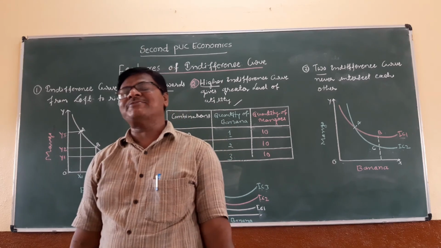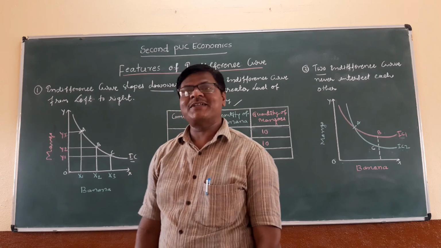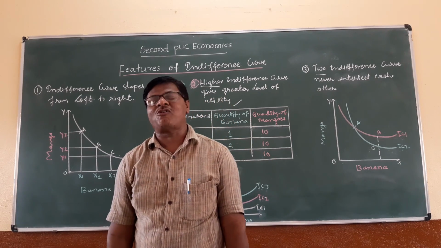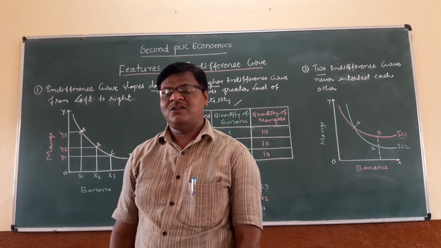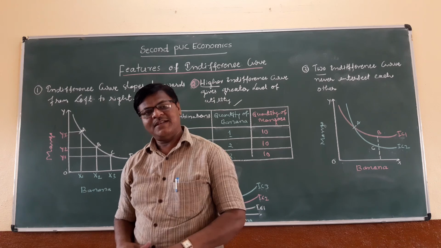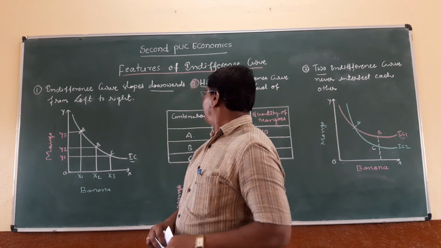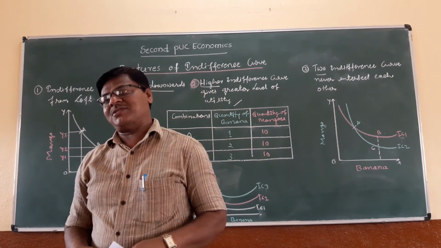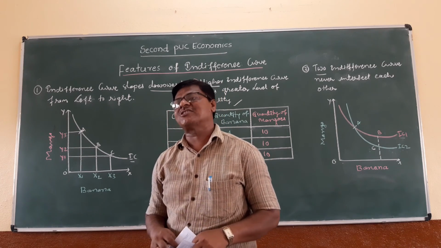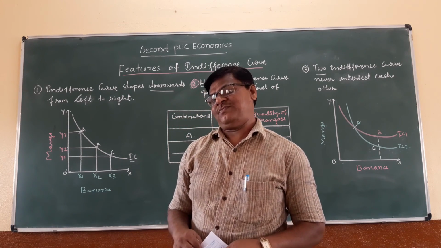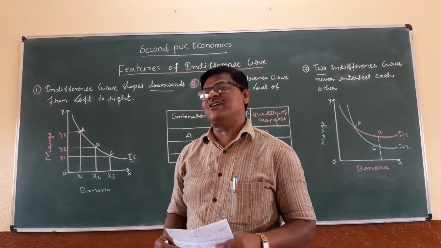There are three properties of indifference curves. One, the indifference curve slopes downwards from left to right. Second, a higher indifference curve gives a higher level of satisfaction, or more utility to the consumer.